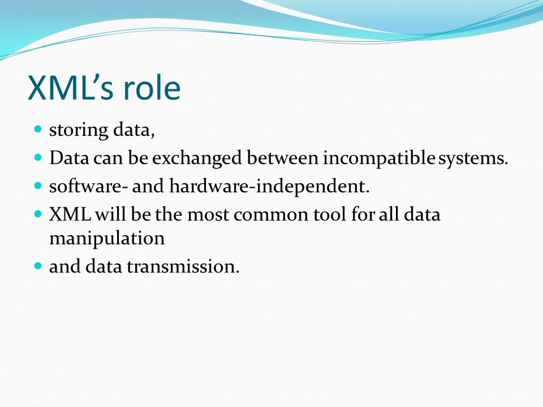Converting the data to XML can greatly reduce the complexity and create data that can be read by many different types of applications, since XML data is stored in plain text format, which is software and hardware independent. So XML will be the most common tool for data manipulation and data transmission. This is the main role of XML.